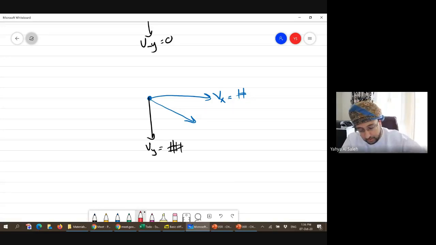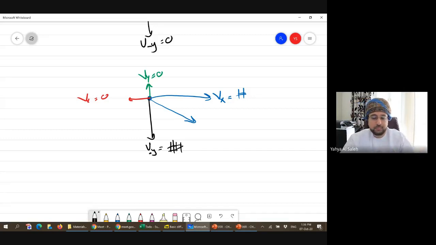Okay. In these directions, it is still going to be 0. So this is not speed, this is velocity. The direction is very, very important here.